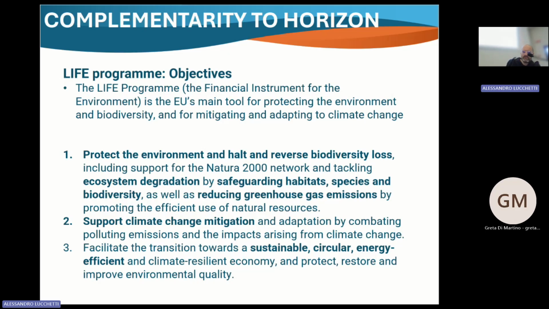For the Life program, there are clear objectives that we can summarize. The first one is to protect the environment and preserve biodiversity. Therefore, you have all these projects to protect species and the environment.